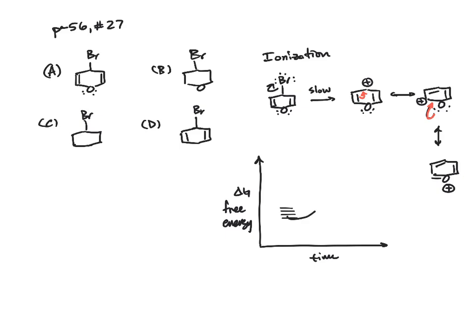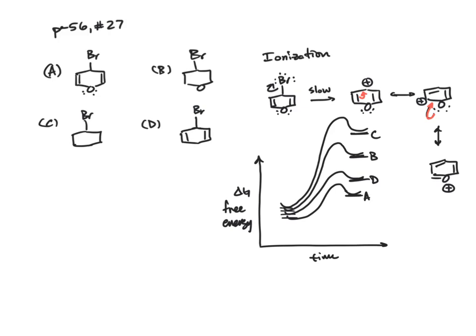So A is going up the least amount. Then we'll say D, followed by B, and then C is the highest. So that's what we mean by things that are stabilized at lower energy relative to anything else.